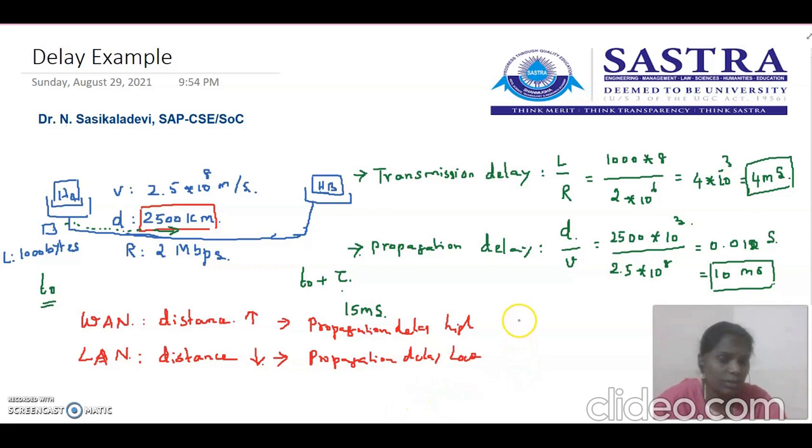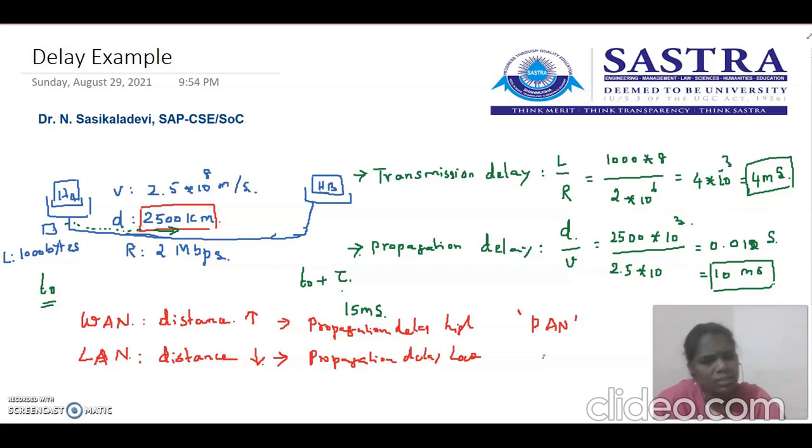Even though the devices are closely located, covering a meter distance, a computer may be connected with a fax machine or a printer in Wi-Fi mode, or in a body area network, implantable devices are connected with a personal digital assistant.